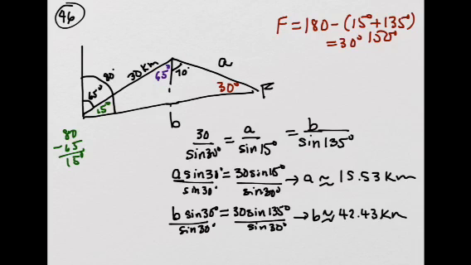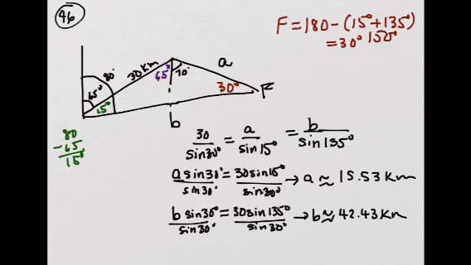Okay, so the black measurements are what were given in the original drawing. This being 65, this 80, this 30 kilometers, this 70 right here. Okay, so this angle right here is simply 80 minus 65, that gives you 15.